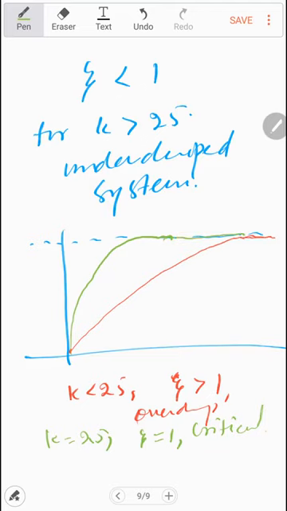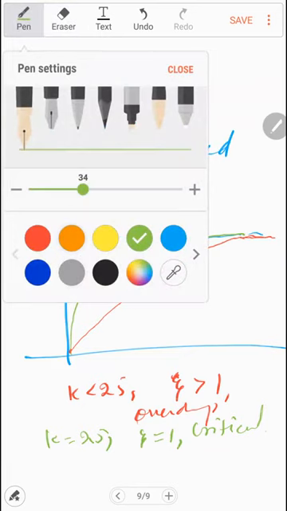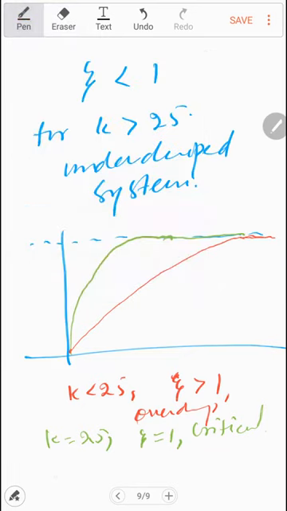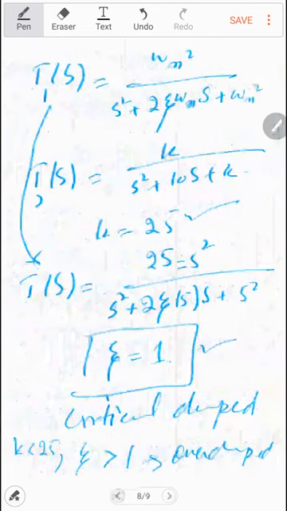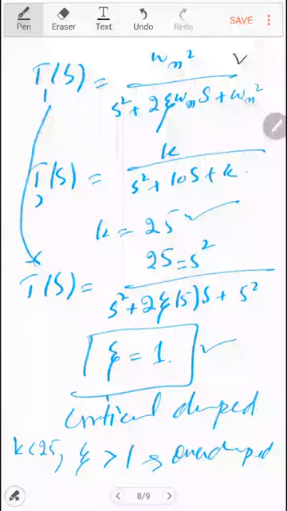Also we see that when k is greater than 25, you can prove this from the second order system: you can place omega n square greater than 25.